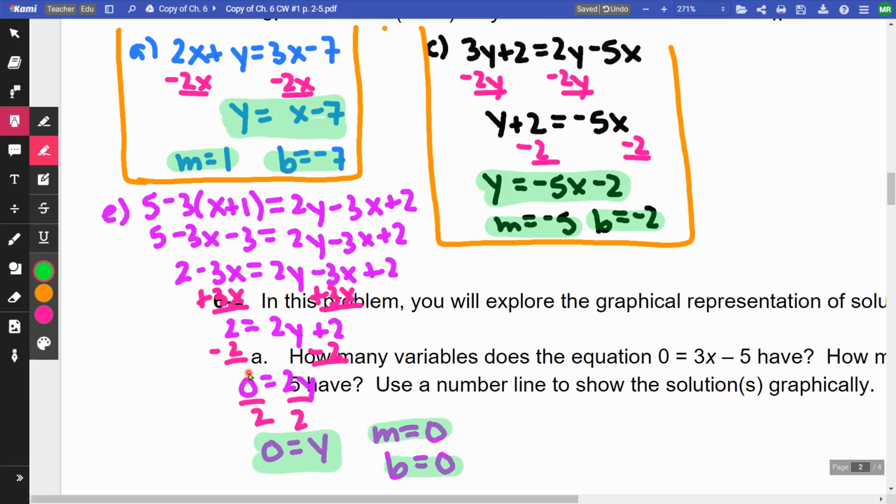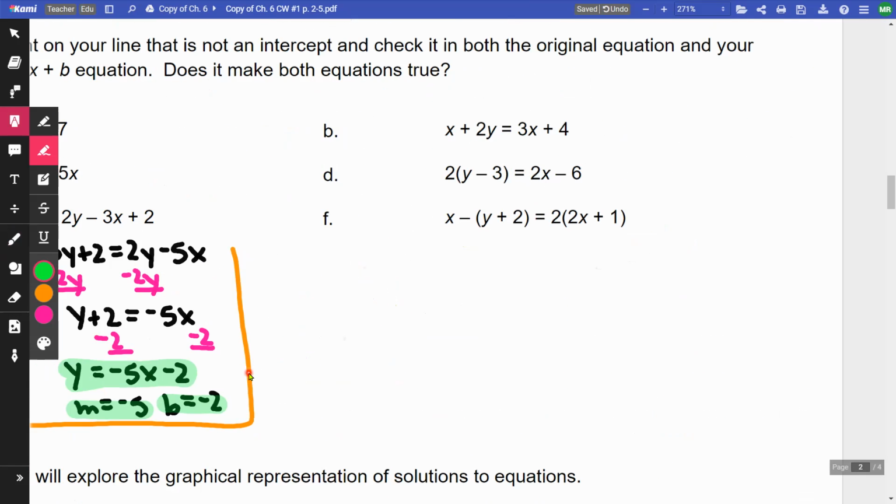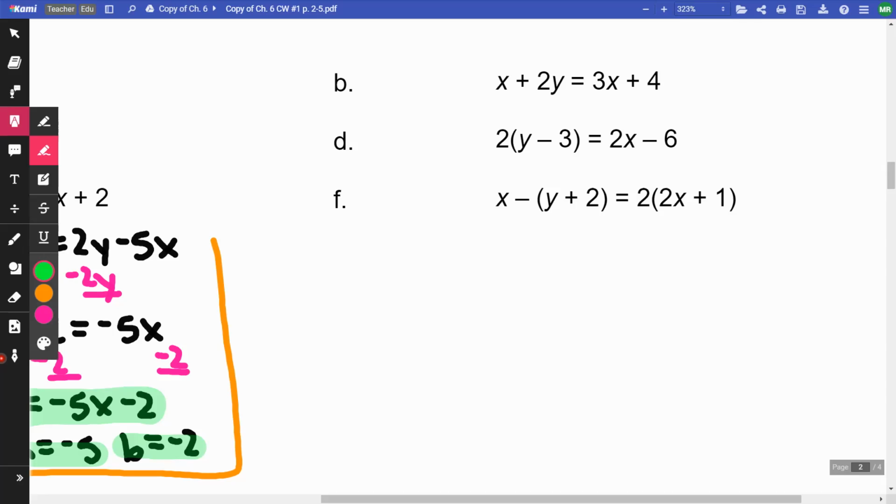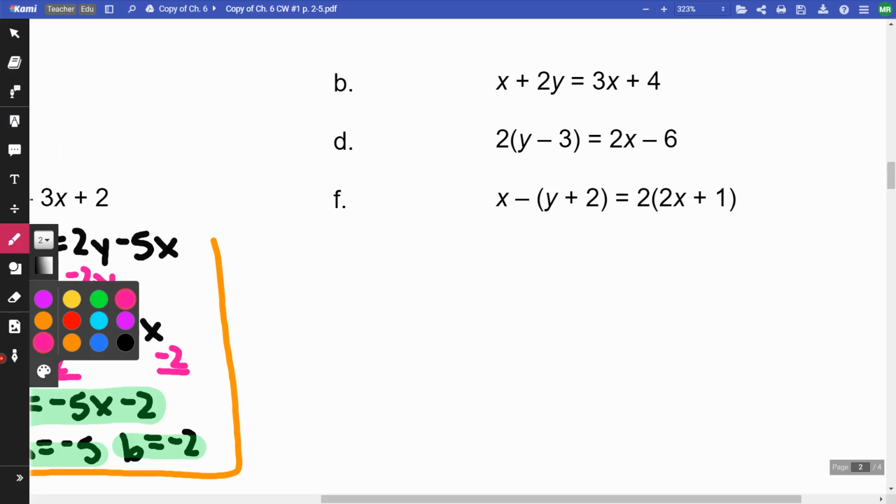So now I'm going to do the other 3. So for B, we have x plus 2y. Let me just get it over a little bit.